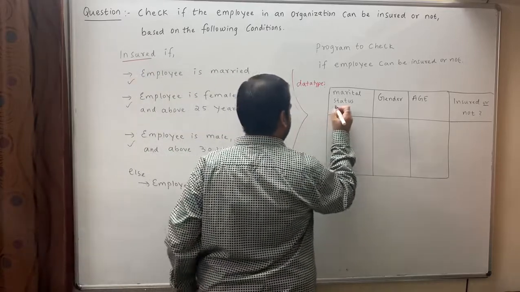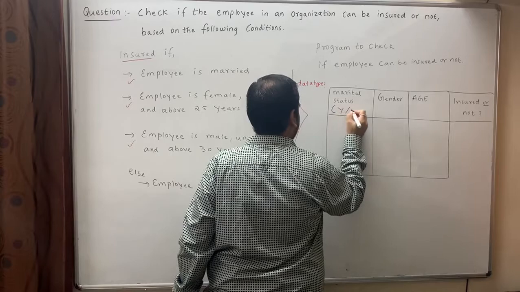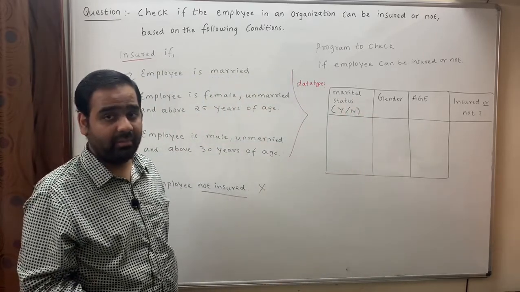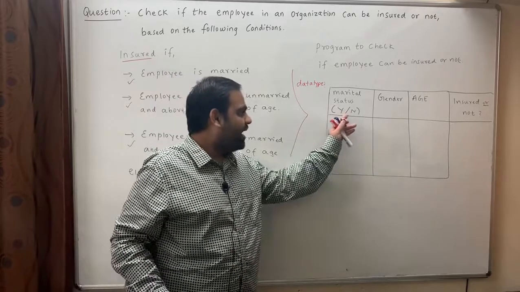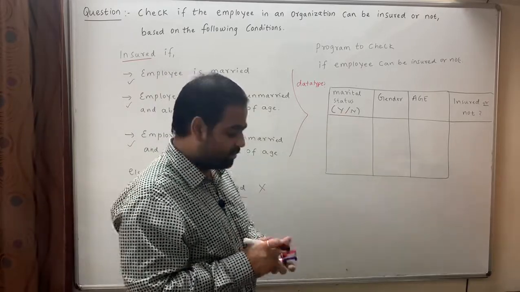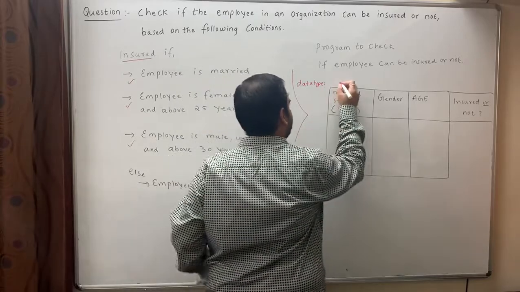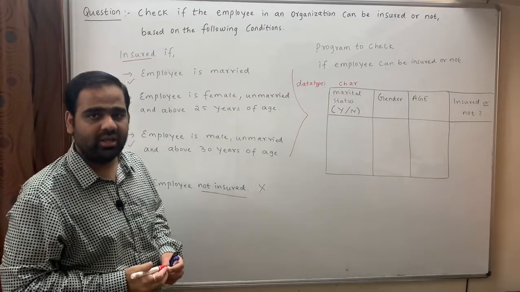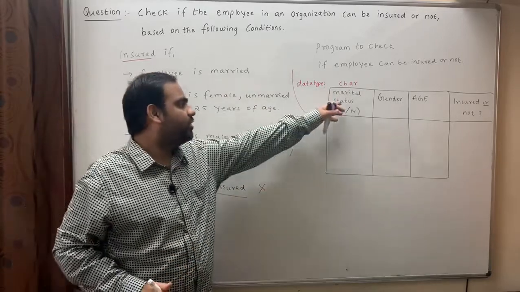We can just say yes or no. Y means yes, married, N is unmarried. Now tell me one thing, Y and N can be stored in which data type? That data type is character. Therefore, I can write char over here, char marital status.